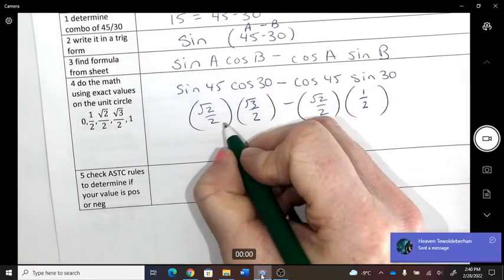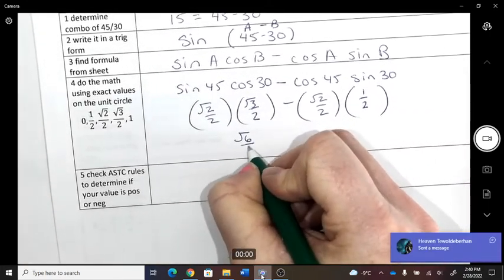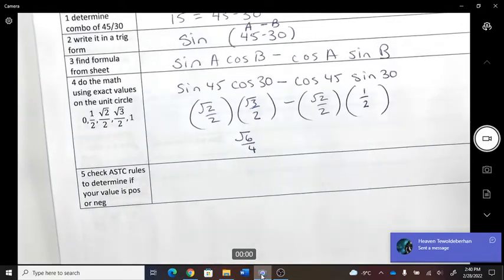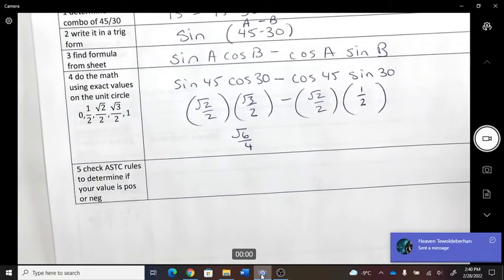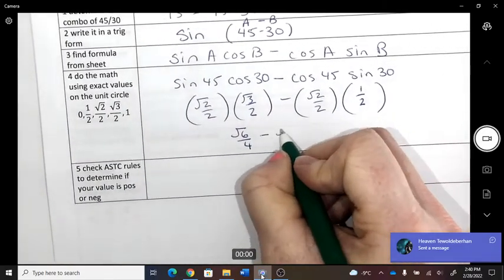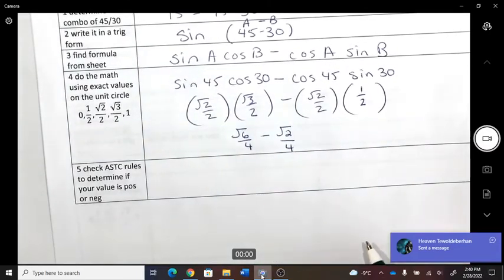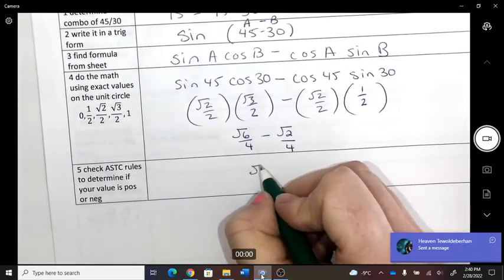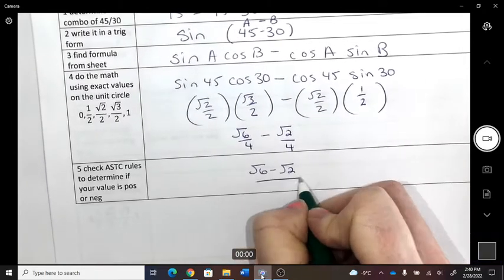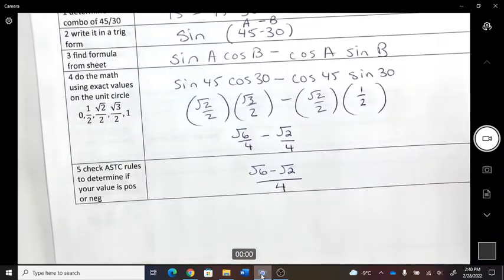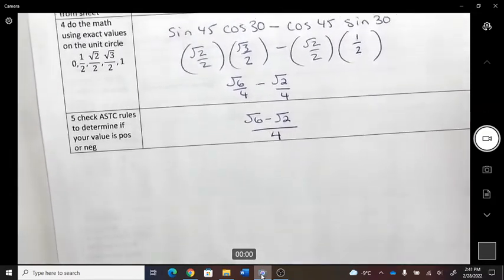So this is root 6 over 4. That's how you would do the math on it. Minus root 2 over 4. And then, because they're both over 4, you can just write them as a fraction together like that.